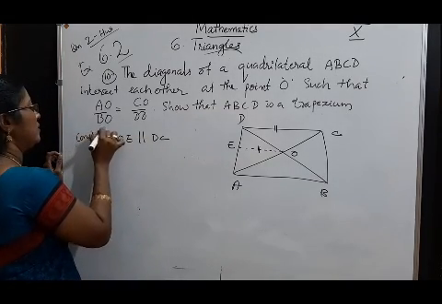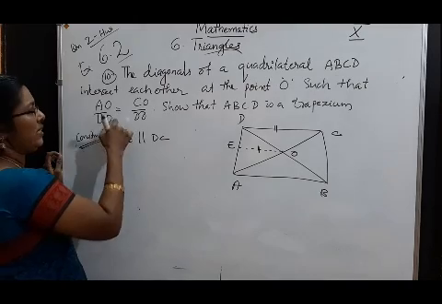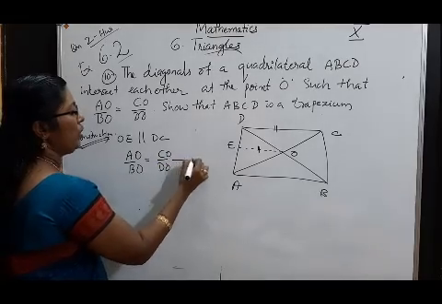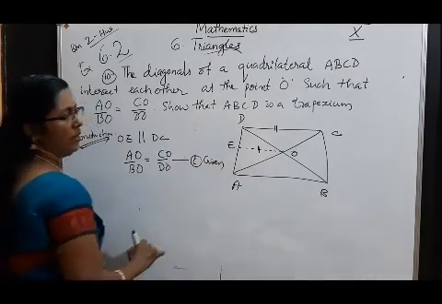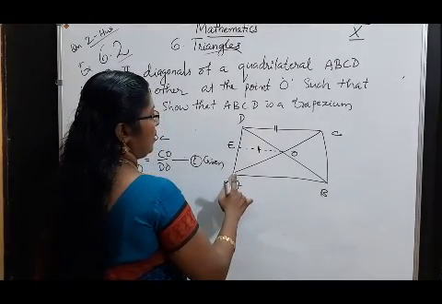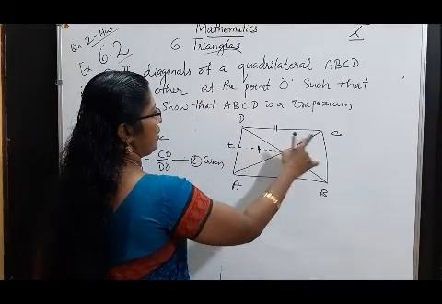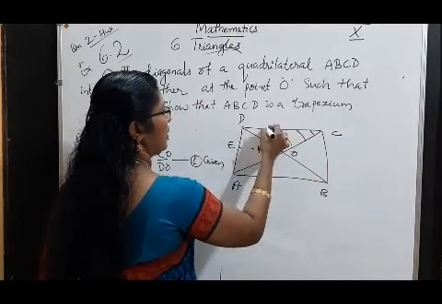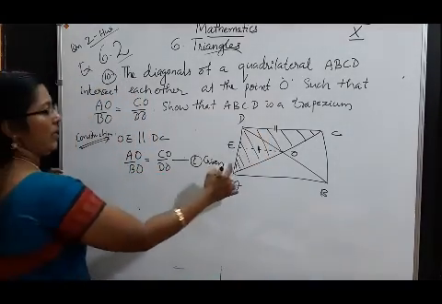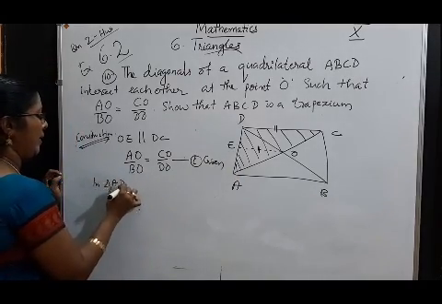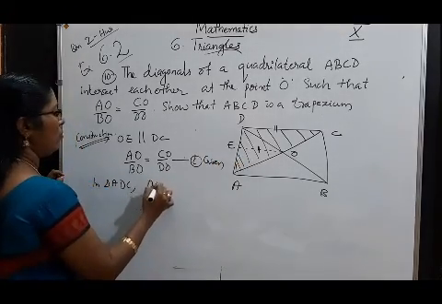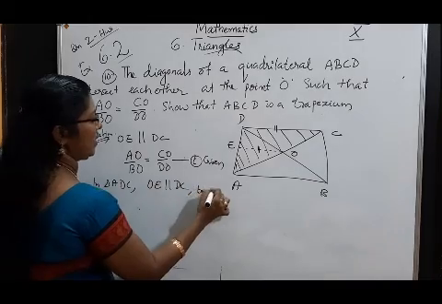by construction. Okay, what is given? AO by BO equals CO by DO. Given. Equation number 1 given. Then in triangle ADC, DC parallel OE, or OE parallel DC by construction.